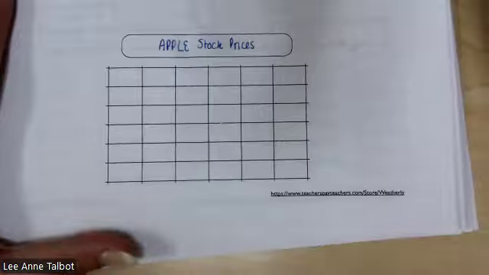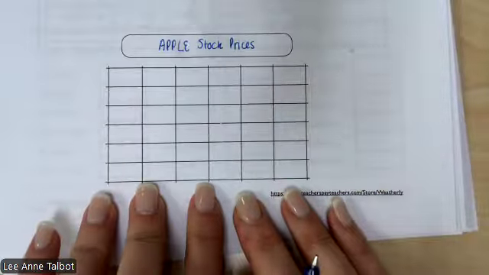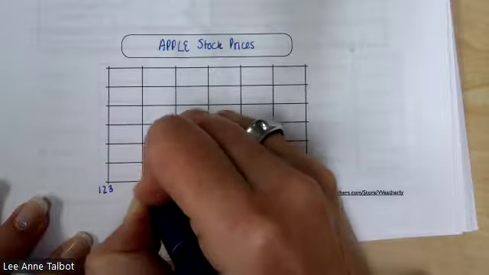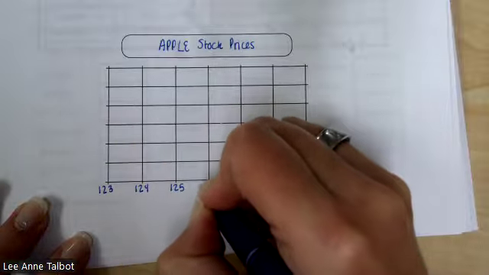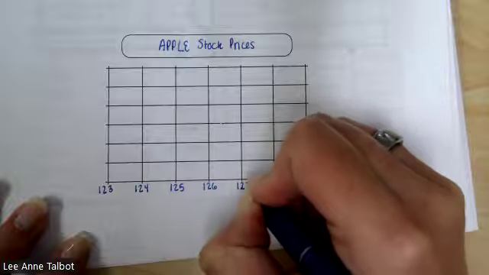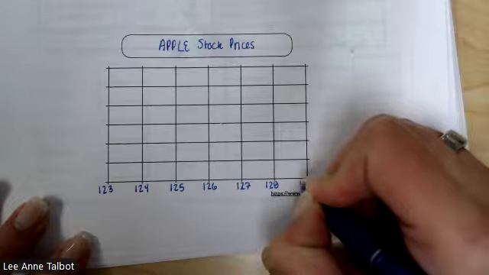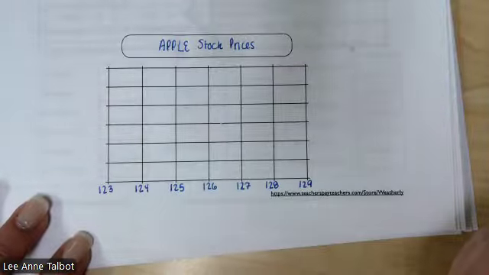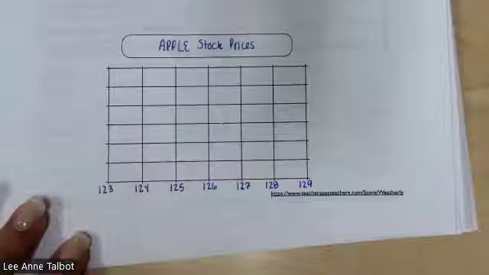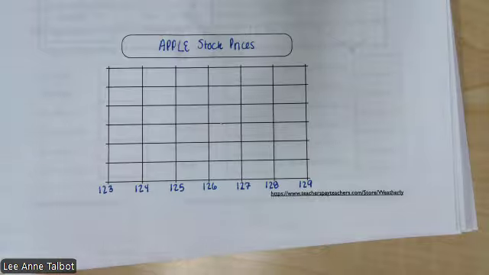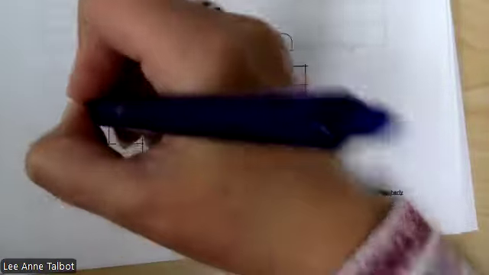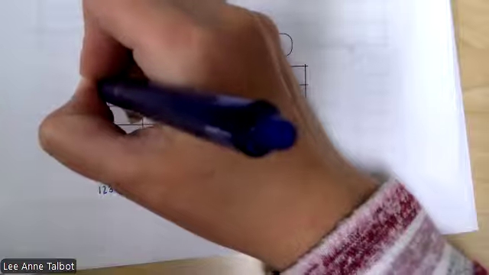And then now I need to make the scale. The bottom of the scale is going to be what we had in our table. So this is going to be 123, 124, 125, 126, 127. And then the side is going to be how many occur in each range.